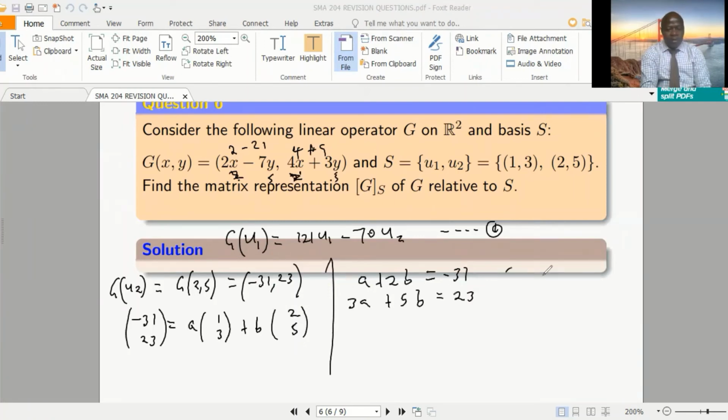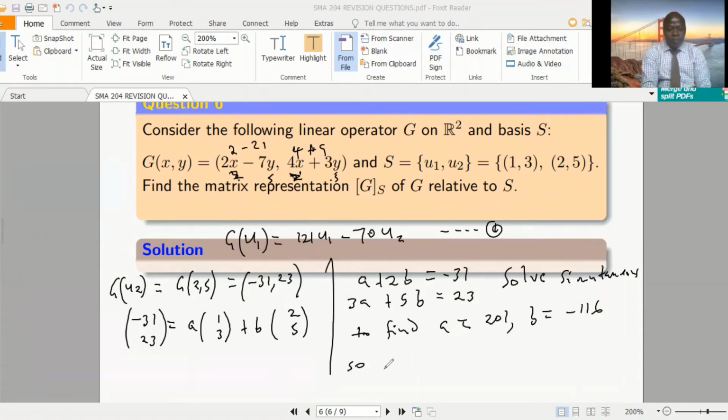Again, solve simultaneously. Or if you want, you can use reduced echelon form or Gaussian elimination. When you do this, you get A to be 201 and B to be negative 162.